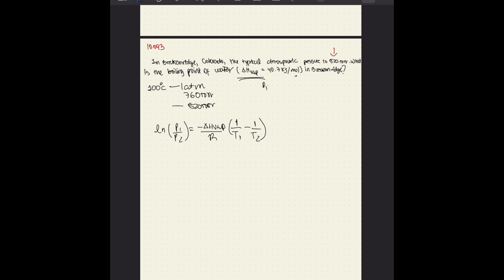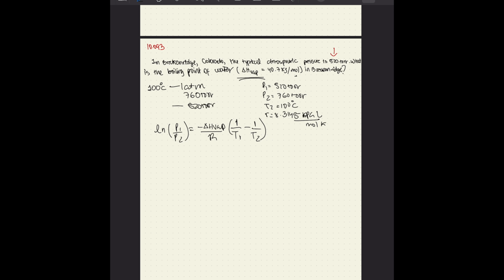So P1 is 520 torr, P2 is 760 torr, and T2 is 100 degrees C. Since we're going to use our R value, which is 8.314 kPa L.